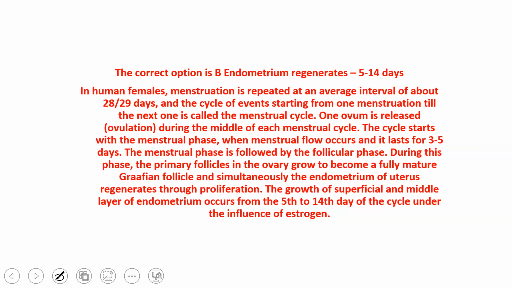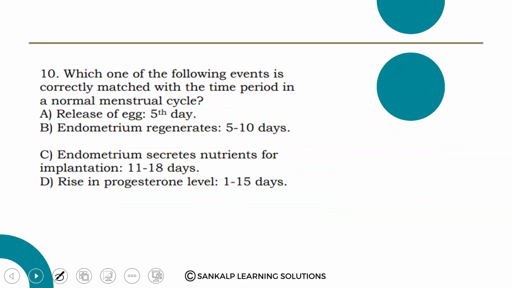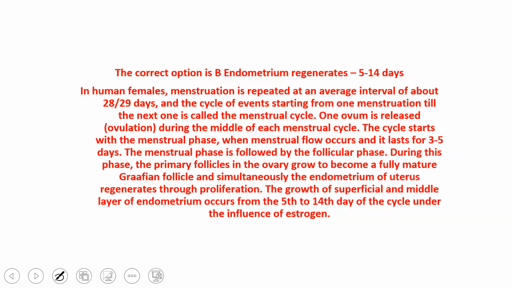Fine. So there's a confusion between option B and option C, most of them answering. The right answer is option B, that is endometrium regenerates from 5th to 14th day, that is 5 to 10 days. So in human females, menstruation is repeated every 29 days. Once ovulation is done, that is the ovum is released during the middle of each menstrual cycle.